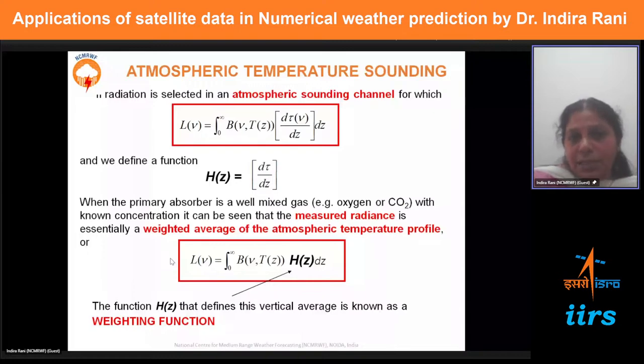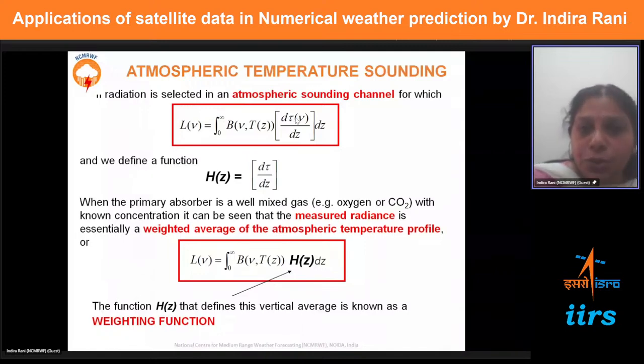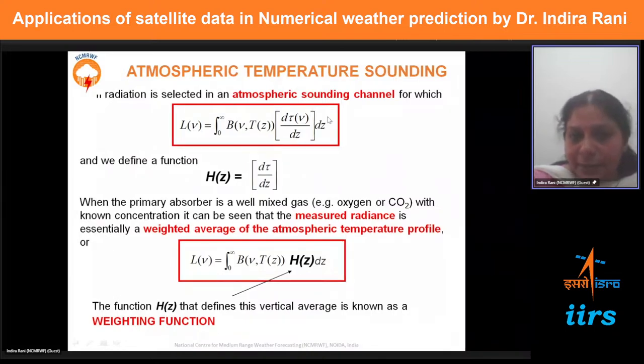In the radiative transfer equation for atmospheric temperature sounding, the assumption is that we choose those frequencies in such a way that the contribution from the surface is minimum or zero. So the radiative transfer equation reduces to only the atmospheric term.